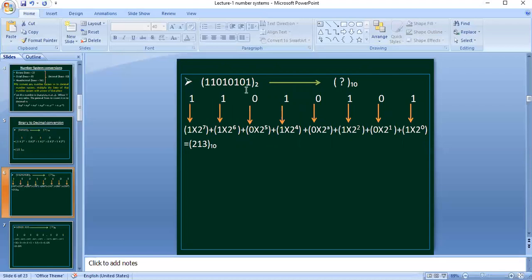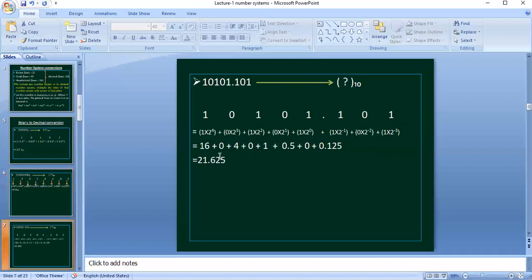The least significant digit position has the least value, that is 2 power 0, and the most significant digit has the highest value. So 2 power 0, 2 power 1, 2 power 2, 2 power 3, 2 power 4, 2 power 5, 2 power 6, 2 power 7, like that. Multiply all the bits with their positional values and then add all the product terms. You will get the decimal equivalent. Okay. So is it clear?